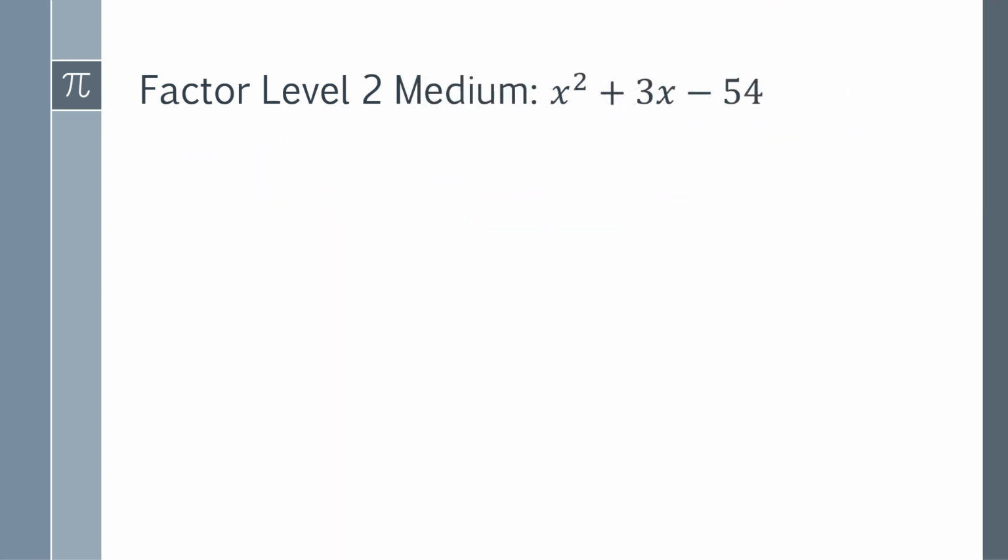So let's do the level 2 medium problem. It looks similar to what we did with the level 2 easy, but we don't have anything coming out at all. 3 could possibly go into 54, and you could divide that to find that out. But the problem is, you got no GCF of that in the front, in front of the x squared, the coefficient.